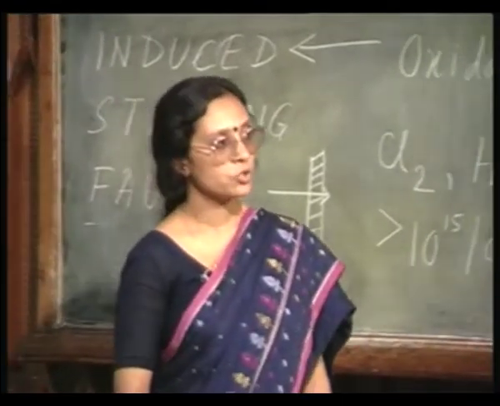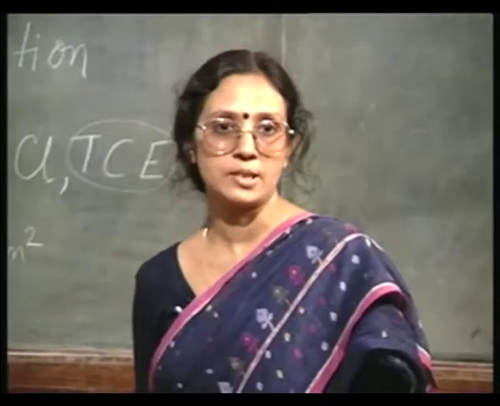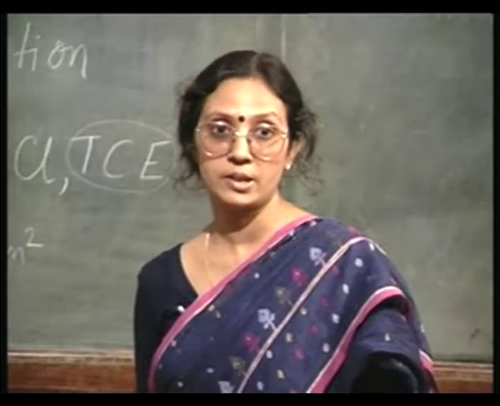Going back to the charges in the oxide, we talked about chlorine oxidation because chlorine can help fixing the mobile ionic charges. Now, next comes oxide trapped charges. Oxide trapped charges are not so much processing dependent, they come about after processing, that is after the device is fabricated.